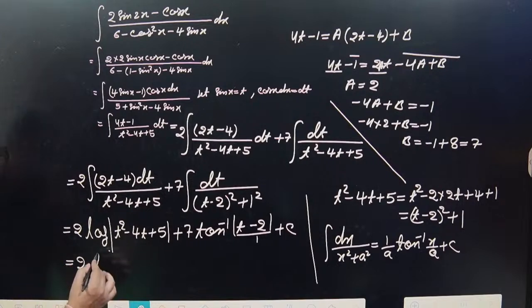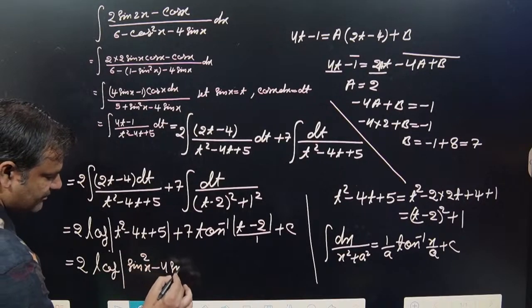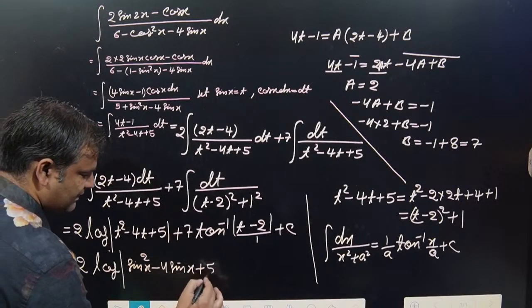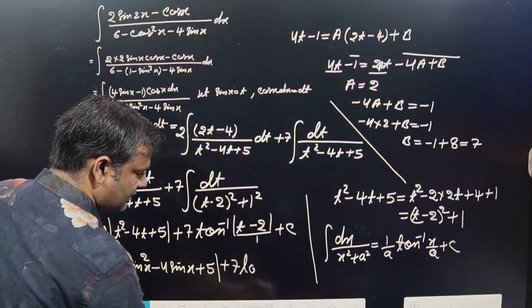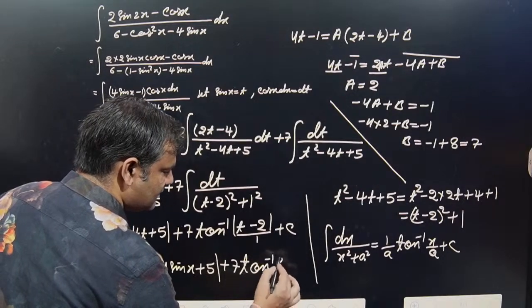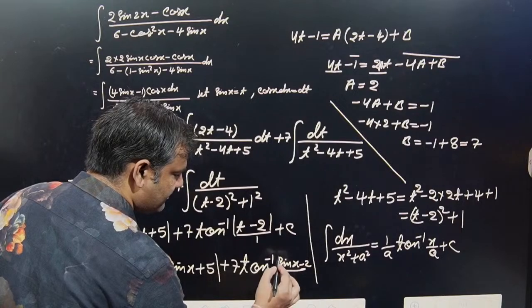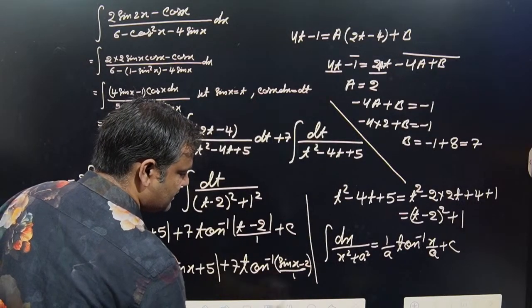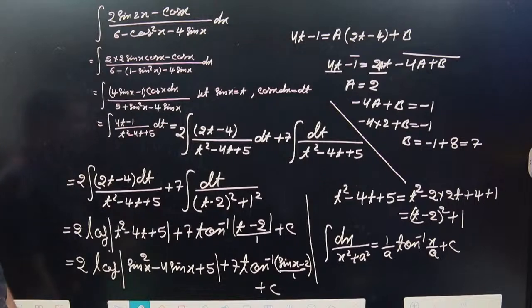Then we got the final answer: modulus of (sin x) whole square minus 4 sin x plus 5, plus 7 into tan inverse (sin x minus 2) divided by 1, or simply tan inverse (sin x minus 2) plus c is the right answer.